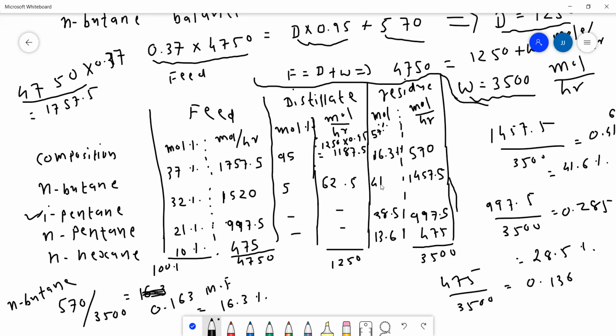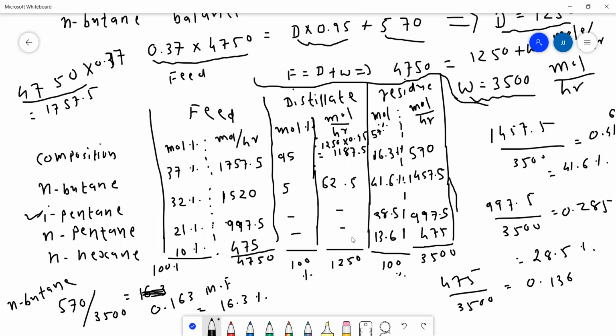And the summation of these mole percents is equal to 100 percent. Again, in distillate also it is 100 percent. All these are mole percent, and these are moles per hour. So we did the material balance.